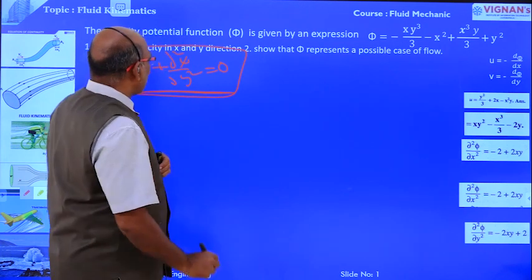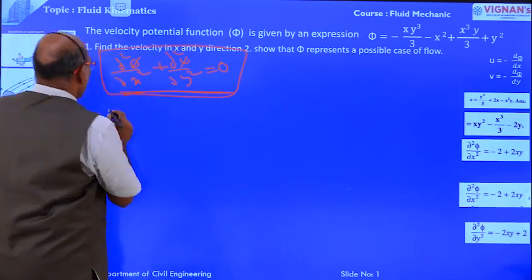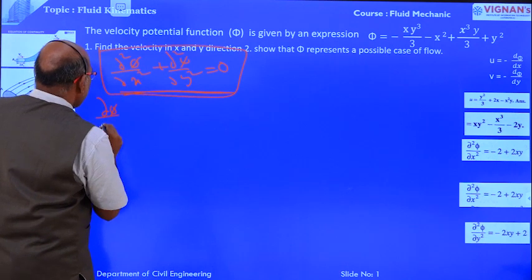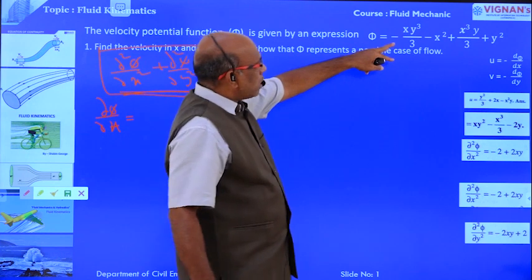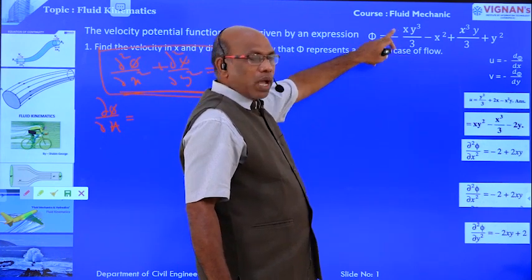First we are going to determine dou pi by dou x. This equation, differentiate with respect to x, right?